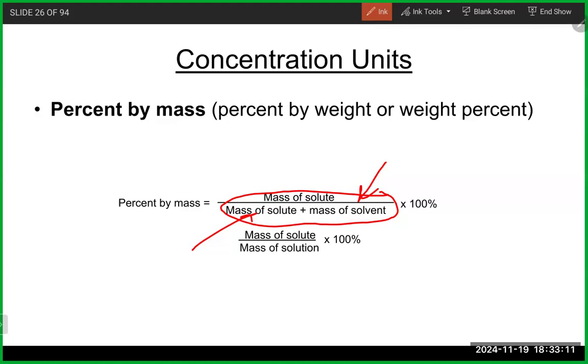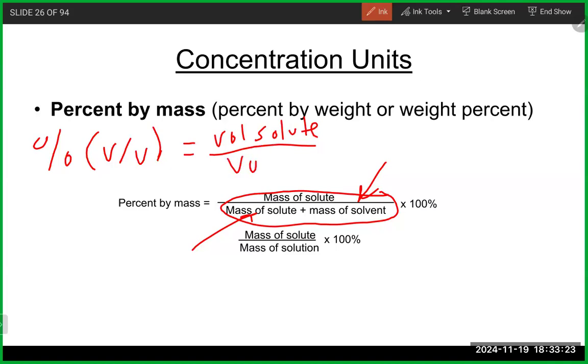We also saw other percent concentrations. We talked about percent volume to volume, which is our volume of solute divided by the volume of solution times 100%.